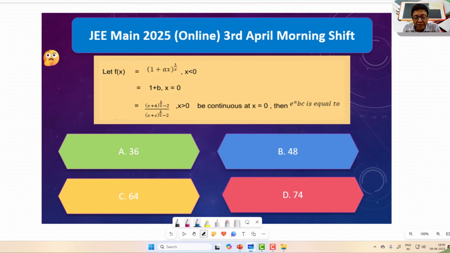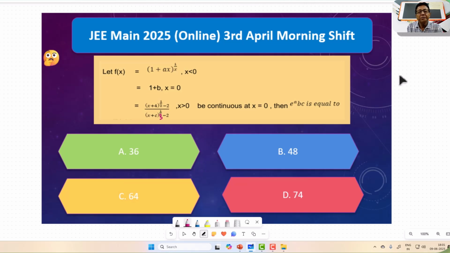Small mistake is there in my typing. This will be 1/3. This limit calculation looks a bit difficult here. You agree or not? Because 1 plus ax to the power 1 by x. How to tackle this thing?